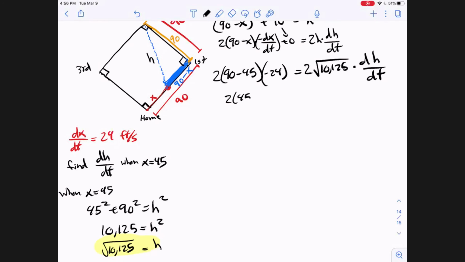We got 2 times 45 times negative 24 equals... we already did that. So 2 times 45 times negative 24, which is negative 2160, equals 2 times the square root of 10,125 times dH/dt.